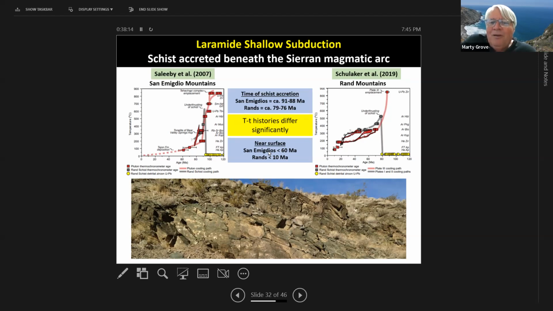So basically they were approaching the surface somewhere around 60 million years and had marine sediments sitting on top of them. In the case of the Rands, the first indication that we see that the Rand schist has approached the surface is basically in late Miocene sediments surrounding the Rand Mountains. So significantly different histories. I'd like to be able to understand this.